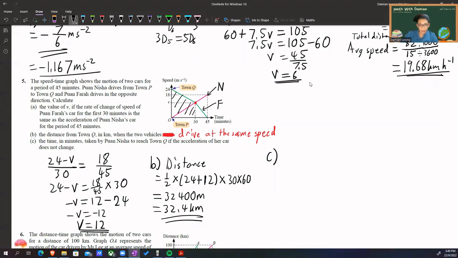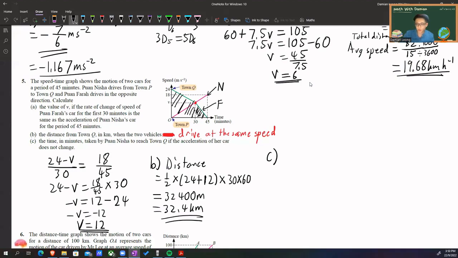Basically, we are assuming that once I finish here, it will reach town P. Which isn't exactly right as well, but I guess the writer of the textbook somehow wants to mean it that way, which is really not a right way to set the question, but let's go with it.